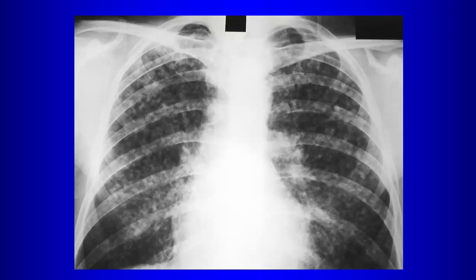Now what is the differential diagnosis for nodules in an upper lung distribution on a chest radiograph? Yeah, so silicosis, coal workers' pneumoconiosis. What else can give you an upper lung distribution of nodules on a chest radiograph? Sarcoid, yeah, certainly. Sarcoid's in the differential. Anything else? Berylliosis is very similar to sarcoid.